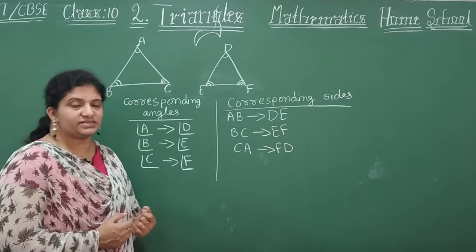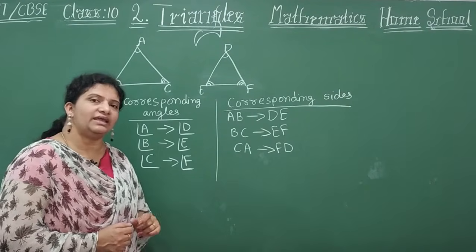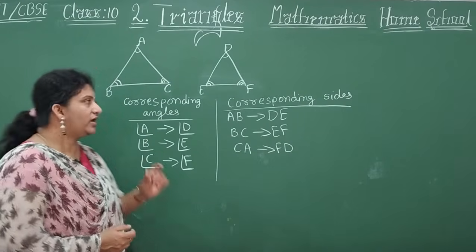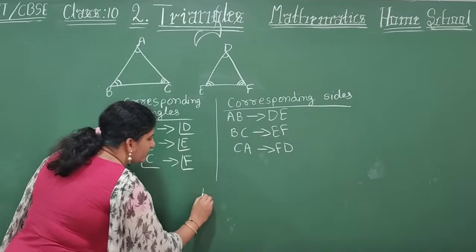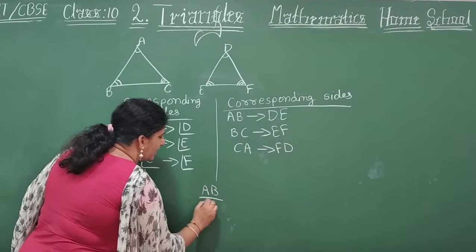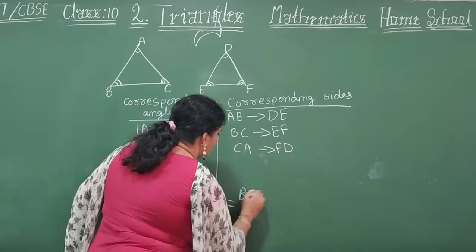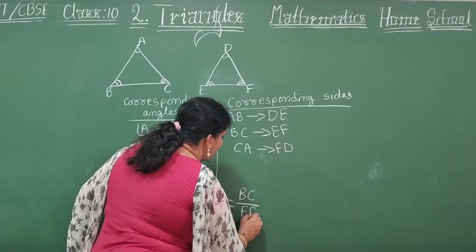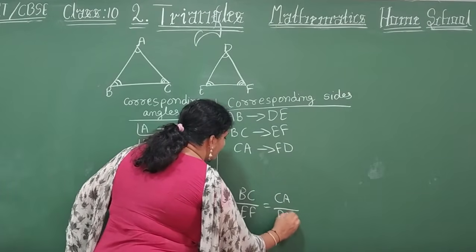Okay, next comparison, corresponding sides written in proportion. So how do you write, children? Same, you write this one. AB by DE is equal to BC by EF is equal to CA by FD.